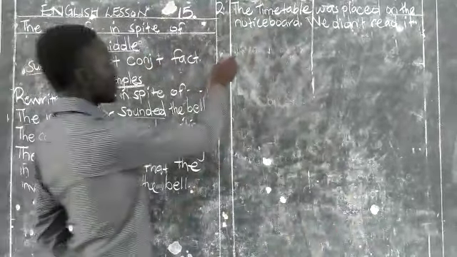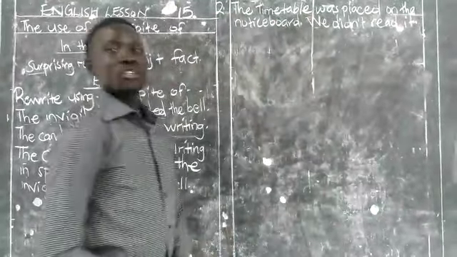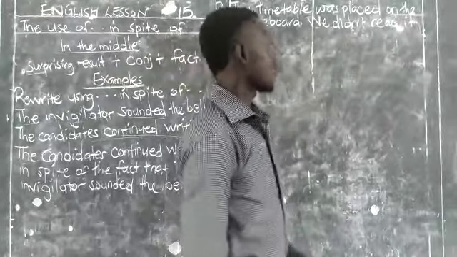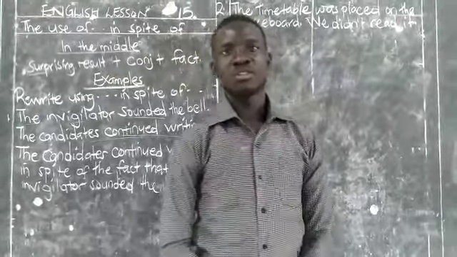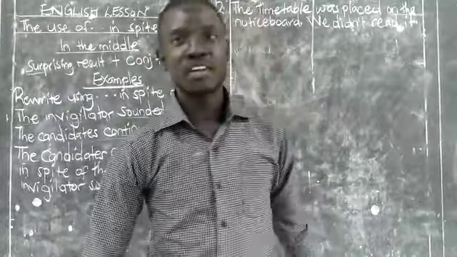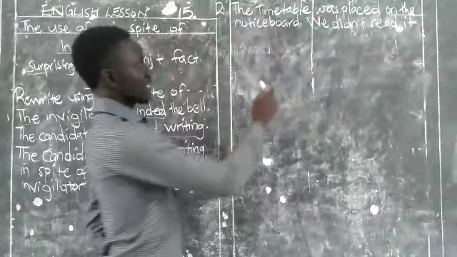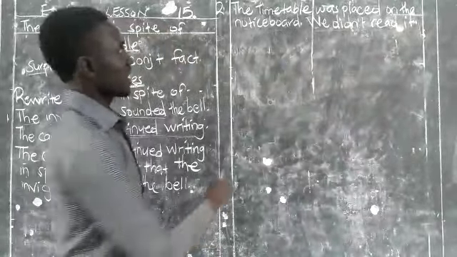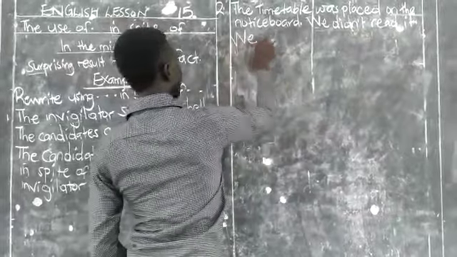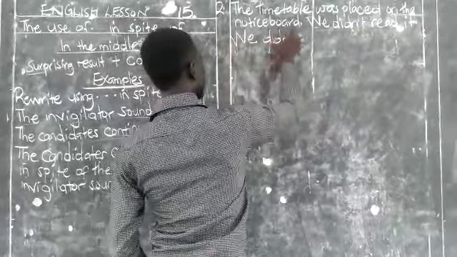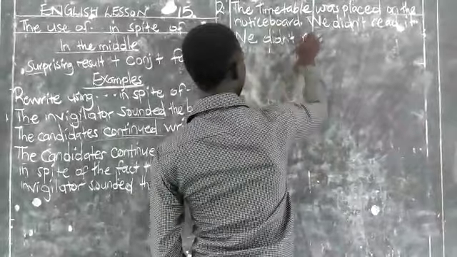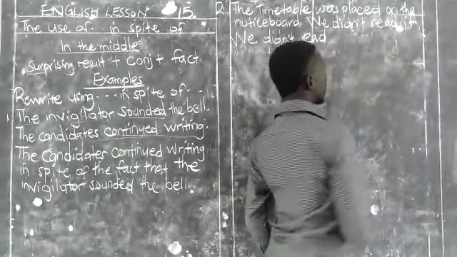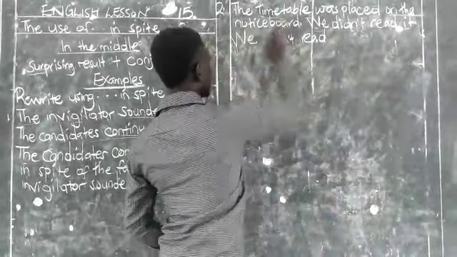The fact is the timetable was placed on the notice board. And what is the surprise? The surprise here is we didn't read it. In real sense, when something is placed on the notice board, everybody is supposed to see it. But here you find it was a surprise. So our surprising result is we didn't read it. What shall we say? We didn't read. Here we don't say it because this pronoun has been used to replace the noun timetable. We have to bring it.